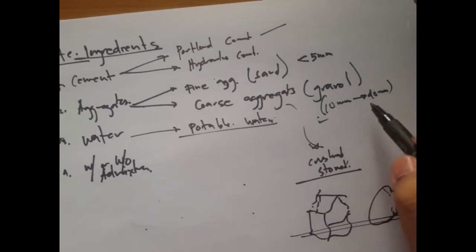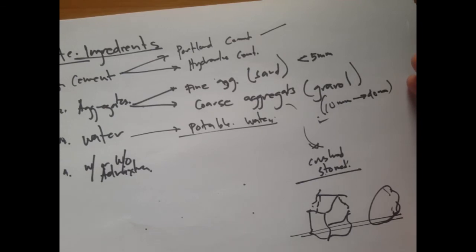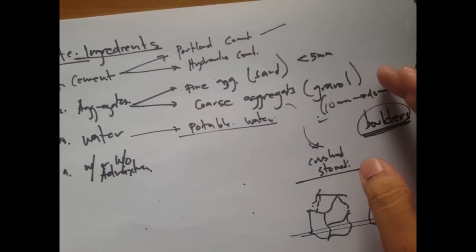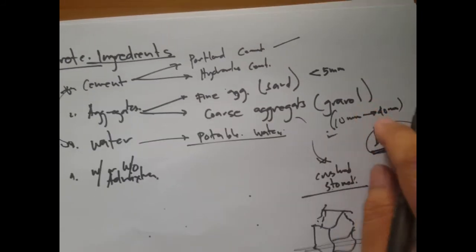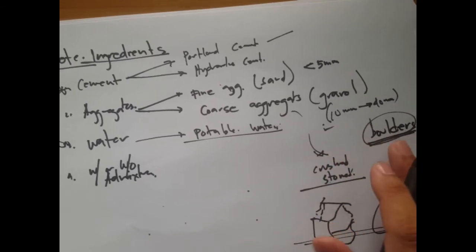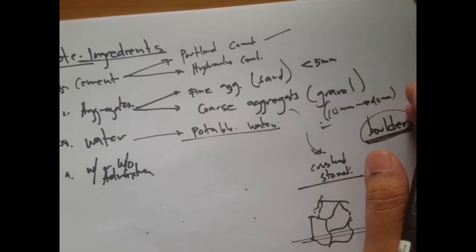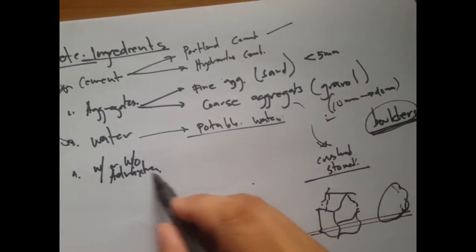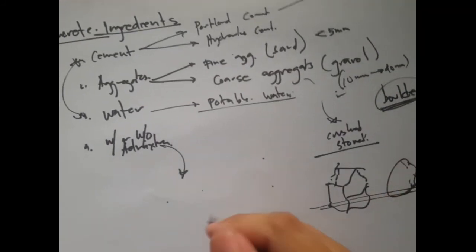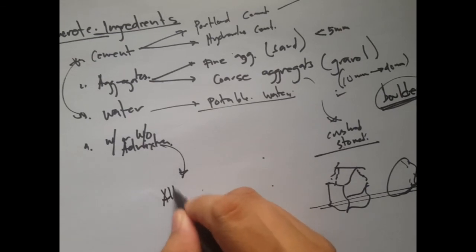Now larger than 40 mm, you can call it boulders. There are terms like boulders, larger than the gravel size, and some more terminologies above 40 mm. For the admixtures, the role of an admixture is to alter the properties.